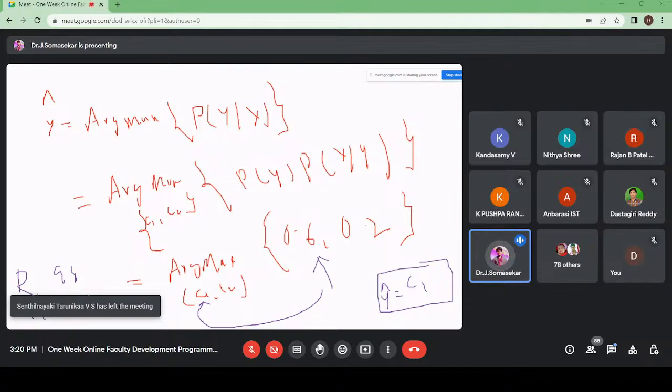If someone asks what is the argmax, then argmax is Geeta. Try to understand the difference between max and argmax. Max is the maximum value. Argmax is the student corresponding to the maximum percentage, that is, the name of the student. Here also we are looking for which class, C1, because the maximum 0.6 corresponds to class C1. That's why Y cap is C1. This is the difference between max and argmax.